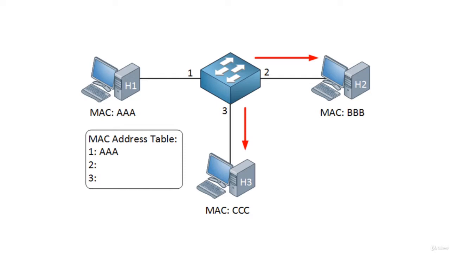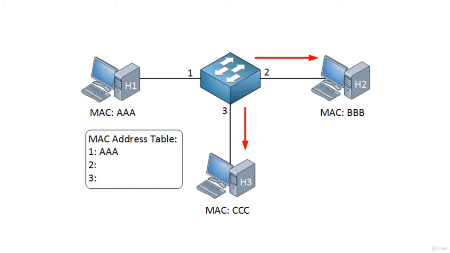This process is called MAC learning. Then, when the switch receives a frame for the destination MAC address of H1, it will forward the frame out of port 1 only, because the MAC of H1 was learned and associated with port 1.